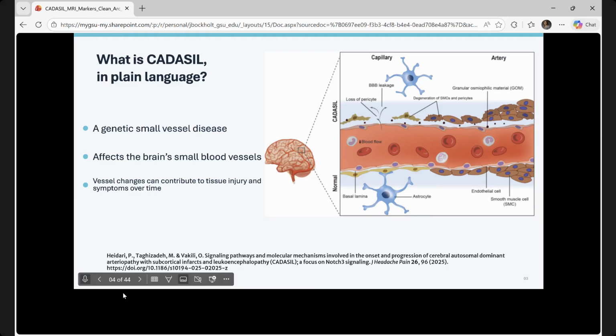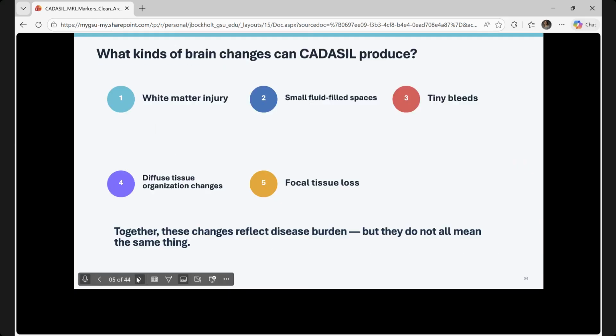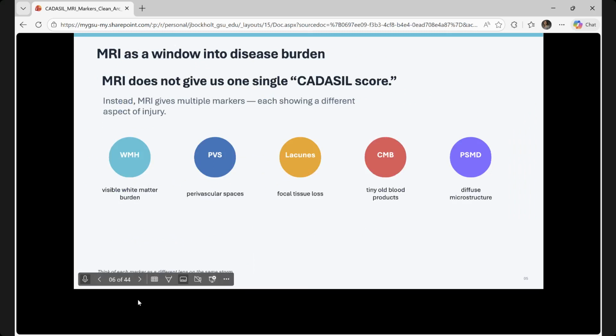What it does give us, though, is a way to visualize and understand patterns of brain injury. It gives us the ability to track those patterns and those changes over time.